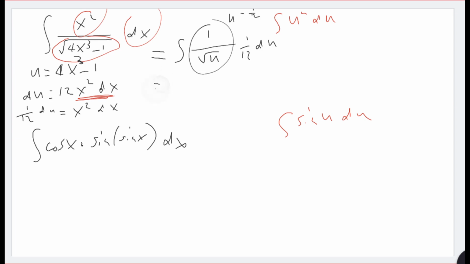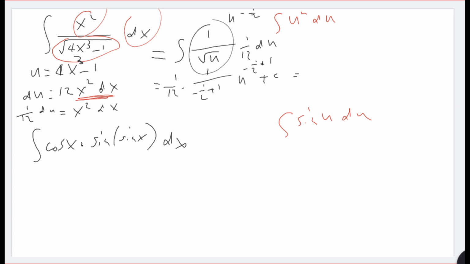So we do integration, copy the 1/12, apply the power formula, 1 over power plus 1, u raised to power plus 1, plus c. And that is, let's see, negative 1/2 plus 1 is 1/2.